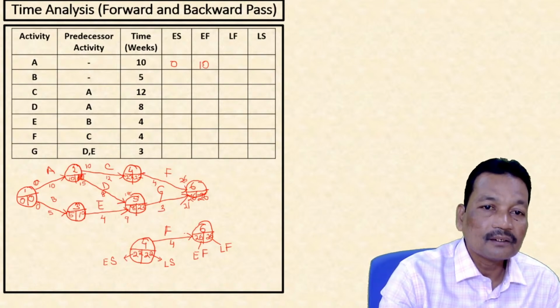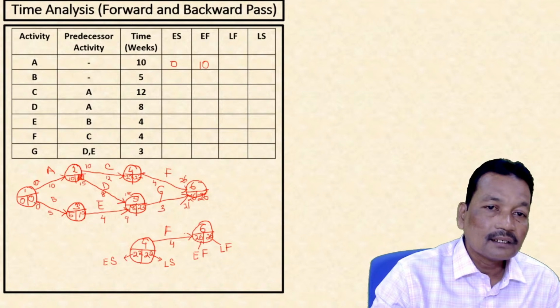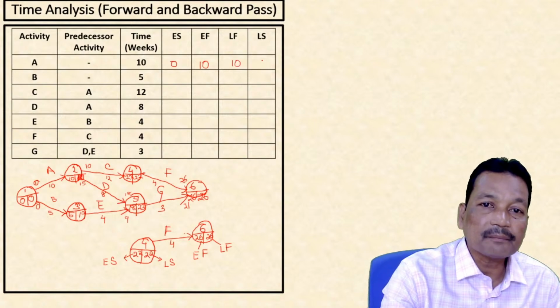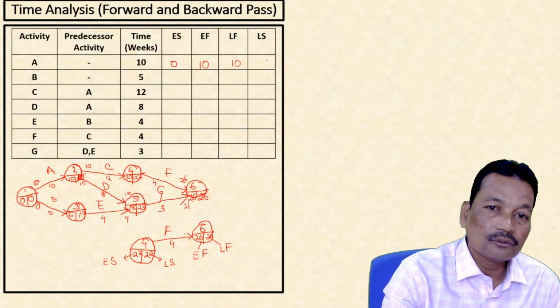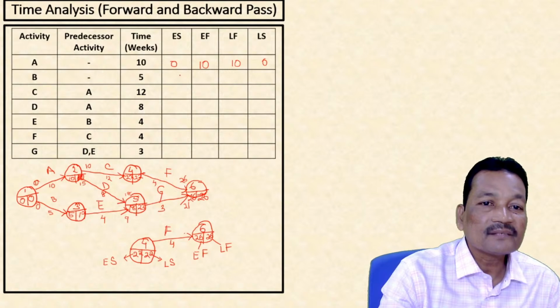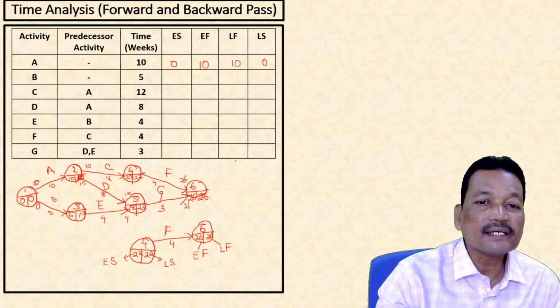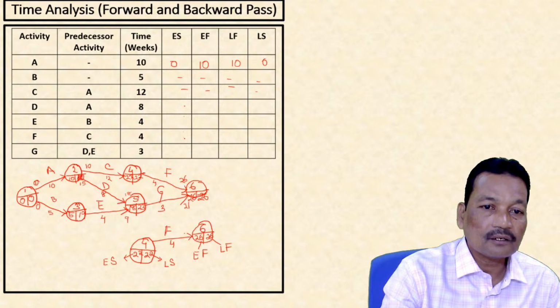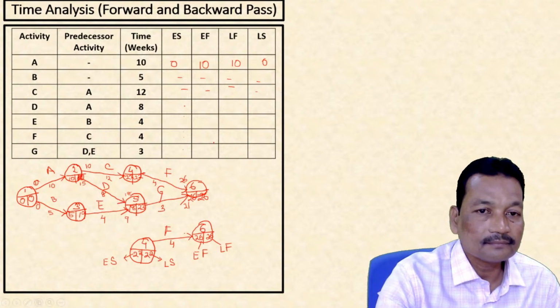Latest finishing time is 10. Latest starting time is 0. Similarly, I can go on filling up all the things by this calculation. All of us can do this.